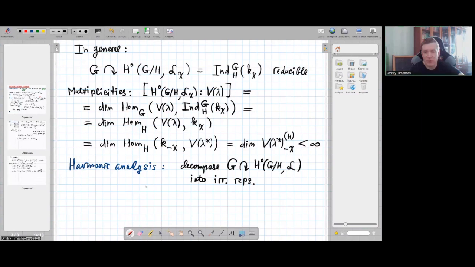The setting of algebraic groups is as follows. You are given a homogeneous space and a homogeneous line bundle over it, you get a representation of G in the space of sections, and the question is how to decompose it into irreducibles.